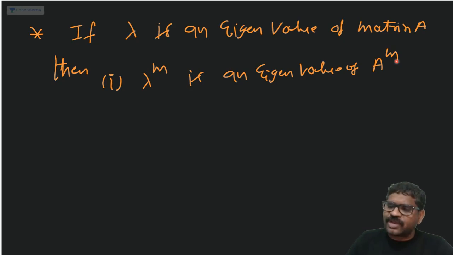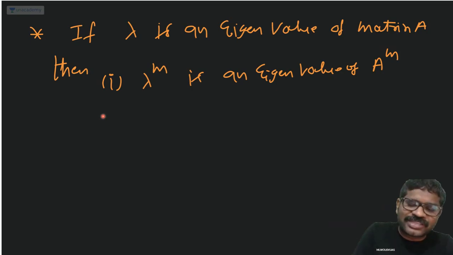If they are eigenvalues, then trace will be equal. They are not eigenvalues, na Vedant. Lambda is an eigenvalue of matrix A, then lambda power m is an eigenvalue of matrix A power m.